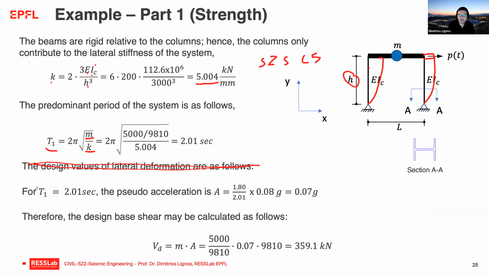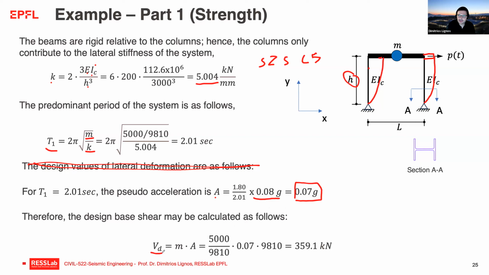For T1 equals 2.01 seconds, the pseudo acceleration is going to be 1.8 divided by T1, which is 2.01 seconds, times 0.08 g, because I need to scale down the spectrum to a peak ground acceleration of 0.08 g. So that gives me a pseudo acceleration of 0.07 g, and that's the one I'm supposed to use to compute my design base shear that this frame is supposed to carry.